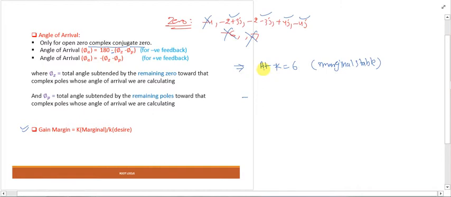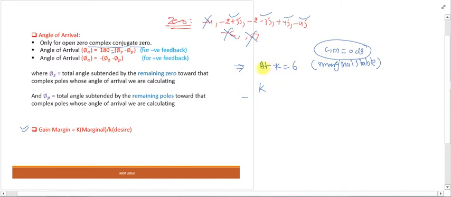In the question it is given that at k equal to 6, the system is marginally stable, right? And if the system is marginally stable, then the gain margin is 0 dB. We will study these terms also, what the gain margin is and why it is 0 dB. But just remember that if the system is marginally stable, then the gain margin is 0 dB.